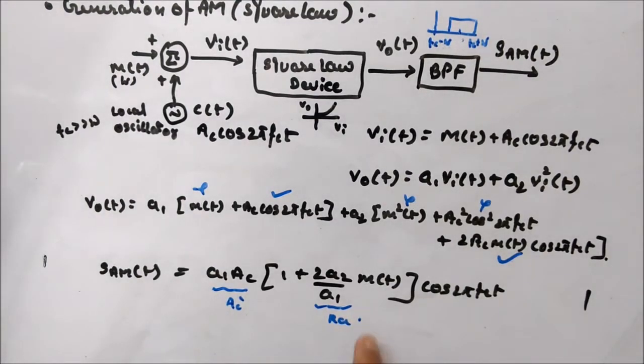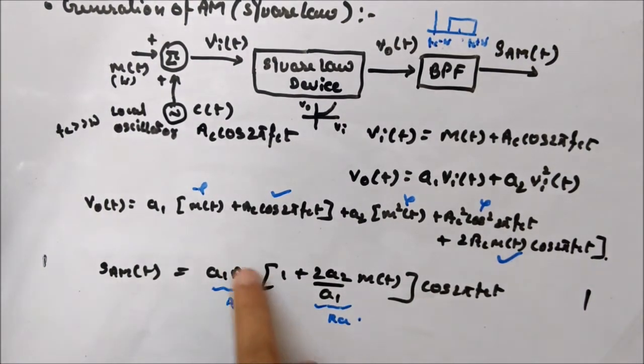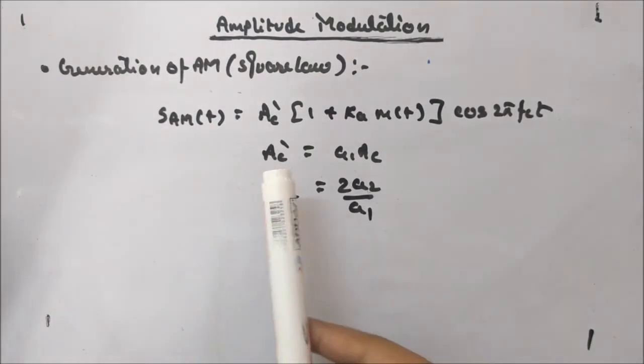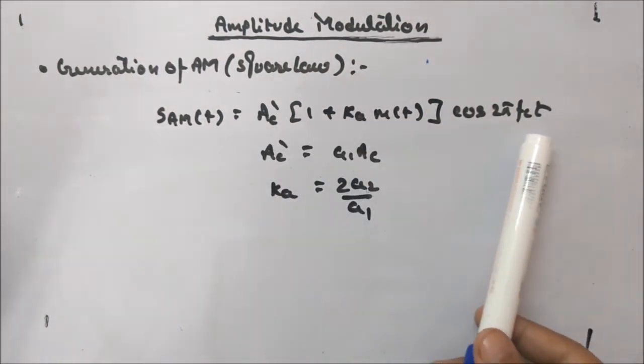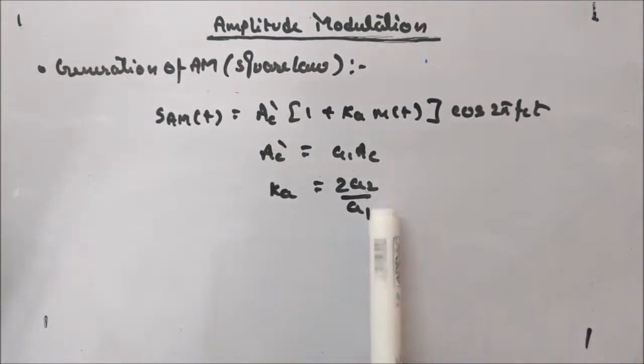I have written it in this form so that you can compare it with the actual AM signal we had. This looks like the carrier amplitude, which I am calling Ac dash, equal to A1 Ac, and Ka equal to 2A2 divided by A1. So this will become Ac dash times 1 plus Ka m(t) cos 2 pi Fc t. So s_AM(t) is equal to Ac dash times 1 plus Ka m(t) cos 2 pi Fc t, where Ac dash is A1 Ac and Ka is 2A2 by A1.